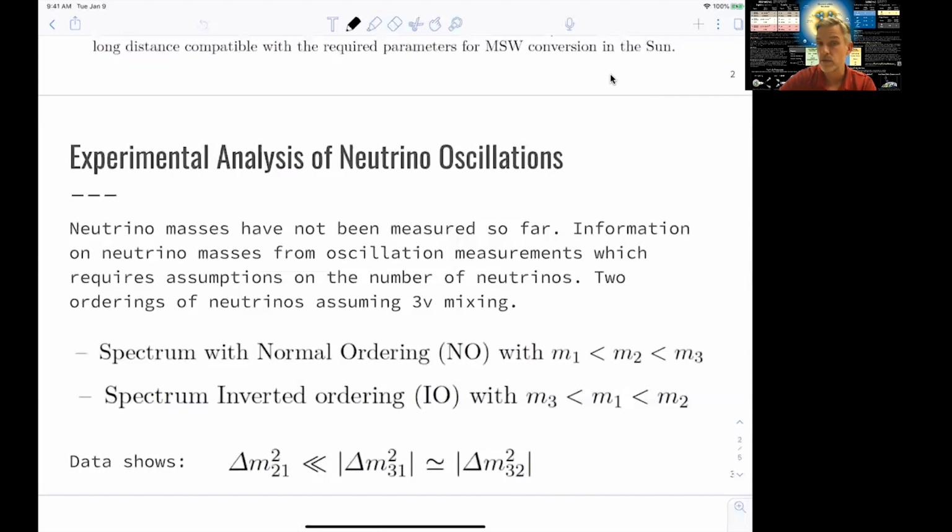Or the spectrum is inverted, meaning that the mass of the third might be smaller than the mass of the first and the second. Data suggests that the difference squared in mass splittings between those states is such that delta M12 squared is much smaller than delta M31 squared, which is approximately the same size as delta M32 squared.